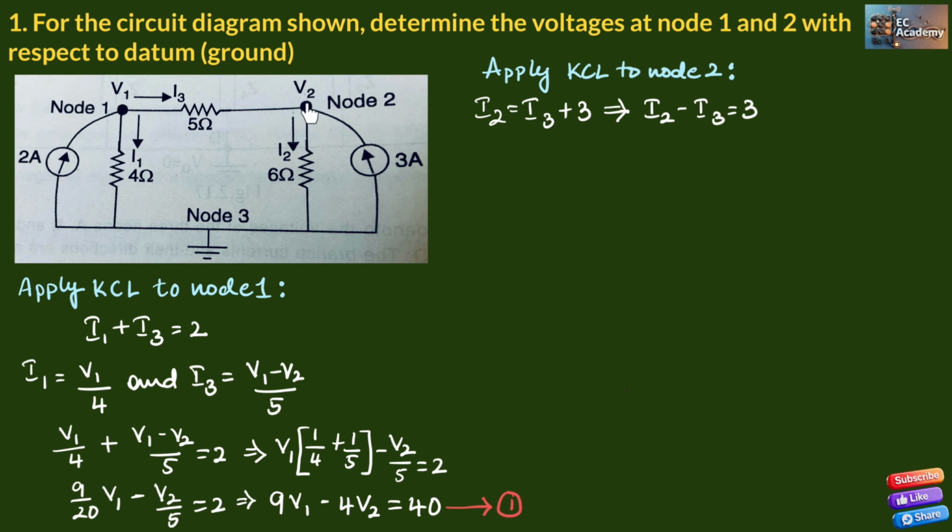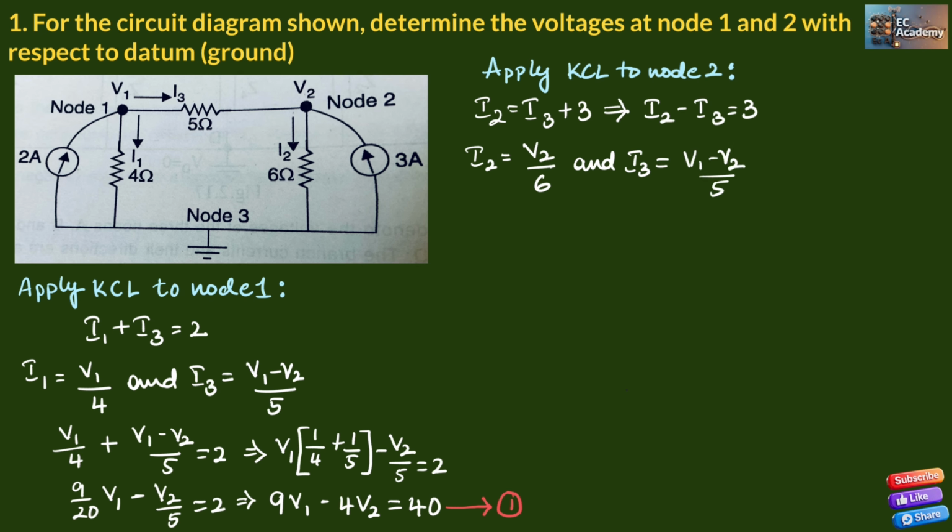Also, at node 2, we can write I2 is equal to (V2 minus 0) divided by 6, so I2 is equal to V2 divided by 6. And I3 is equal to (V1 minus V2) divided by 5, the same value we have already found.